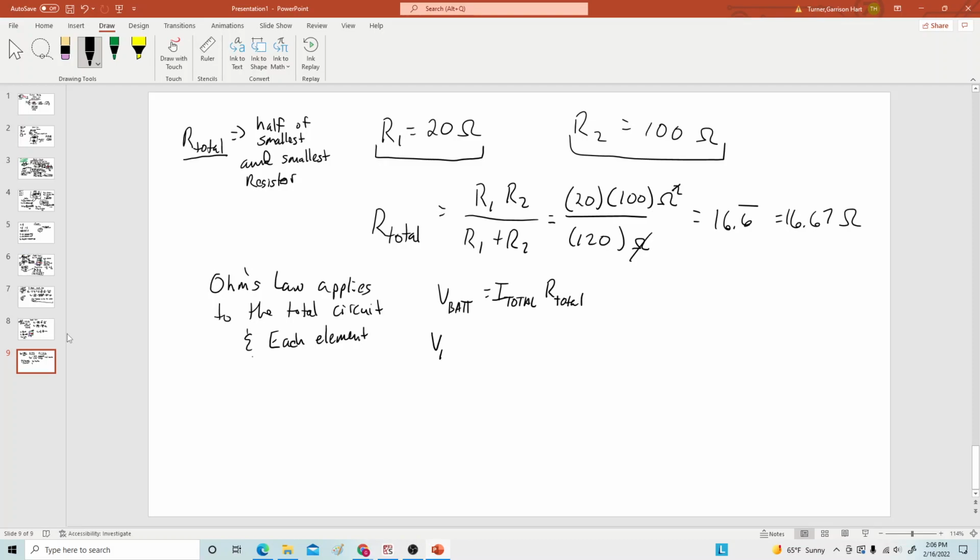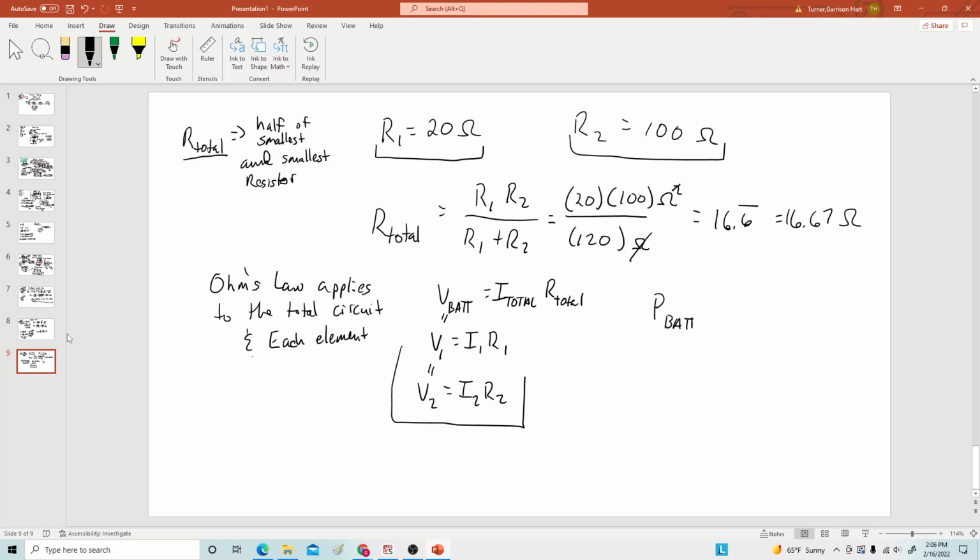You'll have V1 is equal to I1 times R1, and again the voltages are equal, and the voltage will also be equal for the second resistor, but that will equal I2 times R2. Okay? And then you can also calculate the powers. Once you have applied Ohm's law and you know everything about each resistor, you can then also get the powers.